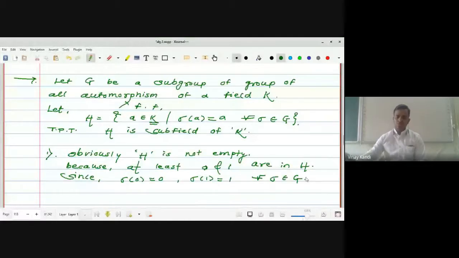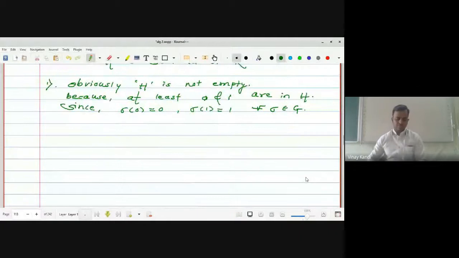Okay. Now, the second part. Now that H is non-empty, we take elements from it. Okay, since H is non-empty, we can take the elements A and B belonging to the set H. Okay, if A and B belong to H, by the definition of H, what do we have?